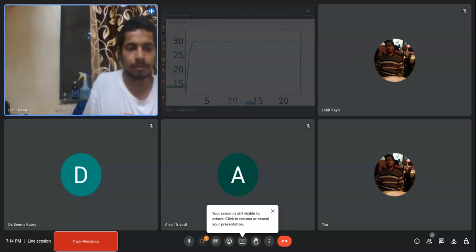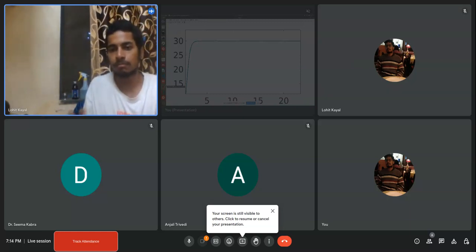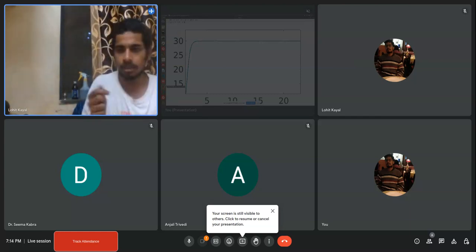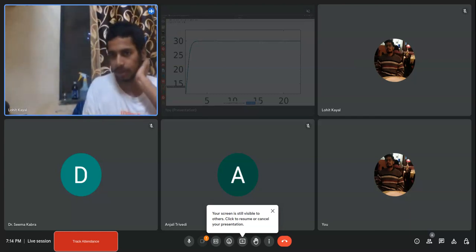But there will be some parameter value where you can see those oscillations, like I showed in the first plot.